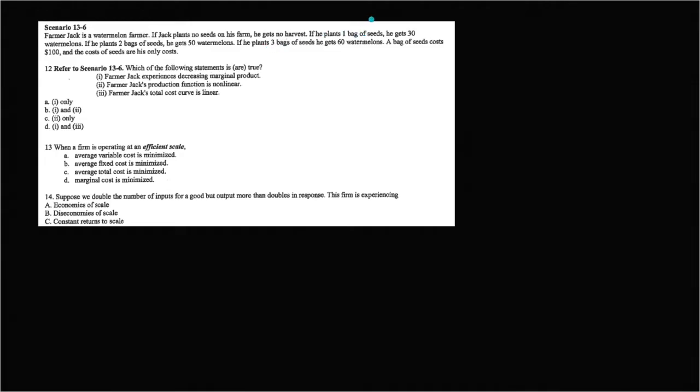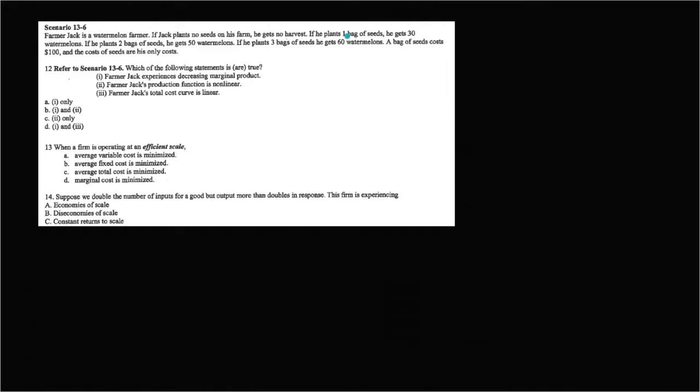Well, he is experiencing diminishing marginal product. I didn't even read these options, and that's exactly what my brain jumped to. With 1 bag he gets 30 watermelons, and with 2 bags, you get 50.